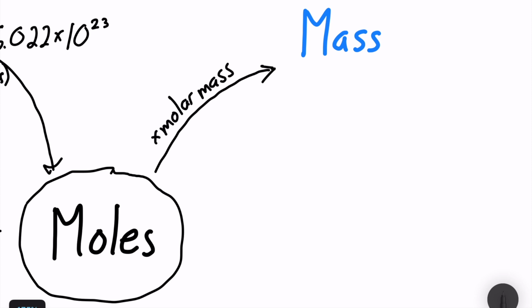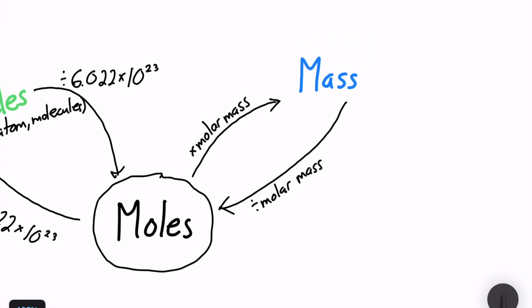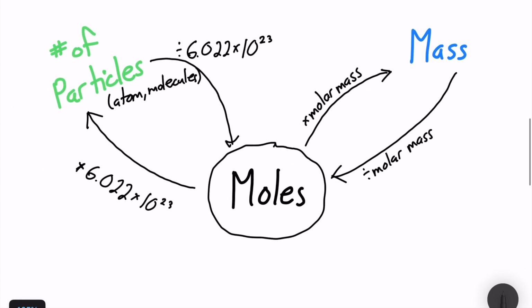Okay, and just like number of particles, we're going to do the opposite. So if you want to get from mass to moles, you are going to divide by the molar mass. Okay, divide by the molar mass. And I'm going to have a video on just doing examples with this flow chart. This is just a quick explanation here.